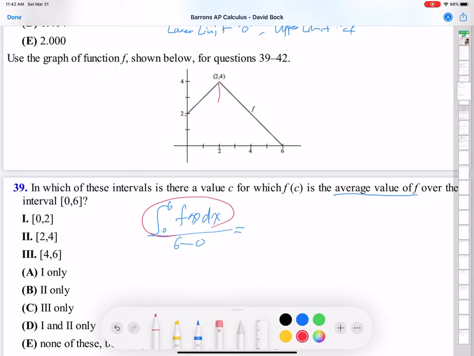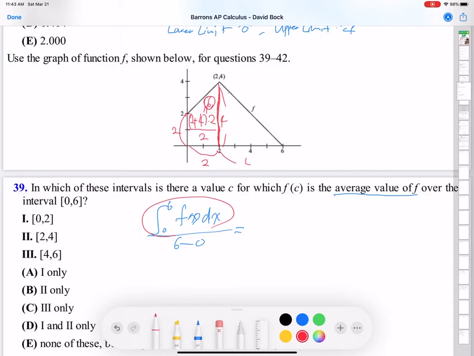I separate two different shapes, trapezoid and triangle. The trapezoid area: base 1, this is base 1, 2, plus base 2, that's 4, times height, that's 2, over 2. That is 6. The triangle's area is easier.